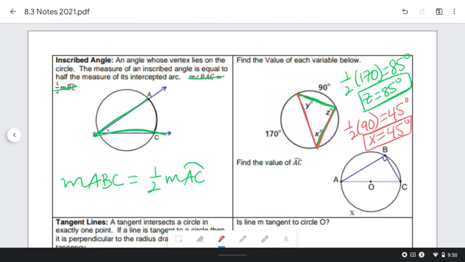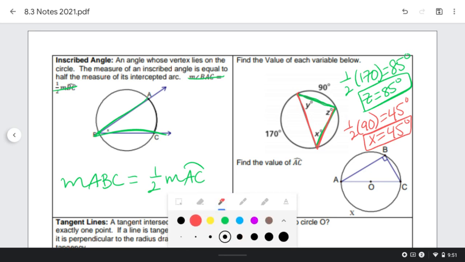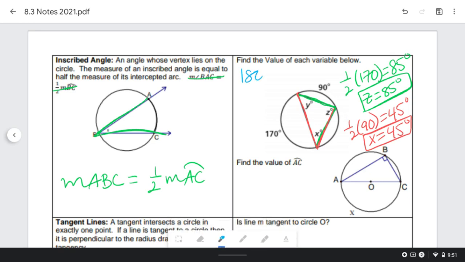But remember that from the triangle sum theorem, three angles in a triangle add up to 180 degrees. So we can use that to figure out the third angle. We subtract 180 minus 85 minus 45, and we're going to get 50 degrees. So y is 50 degrees.